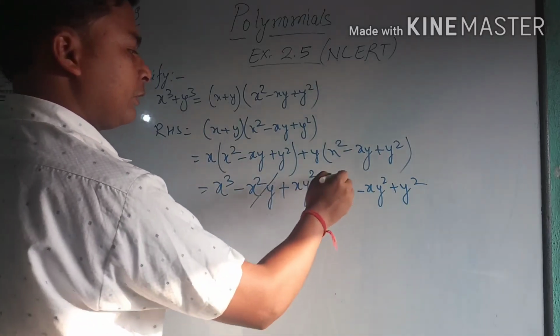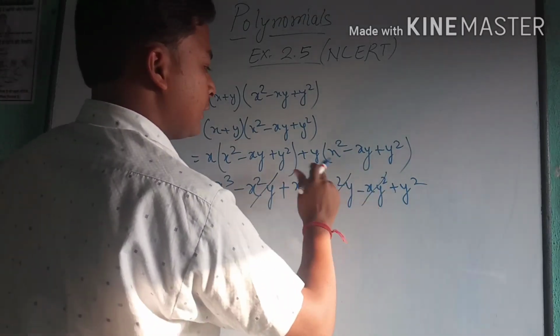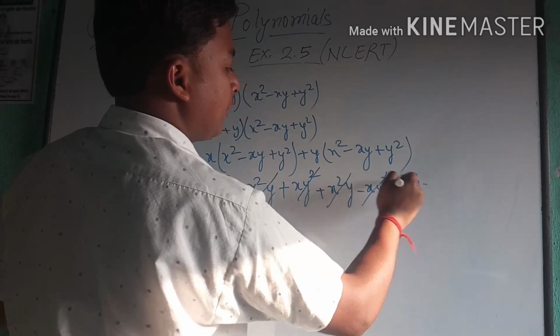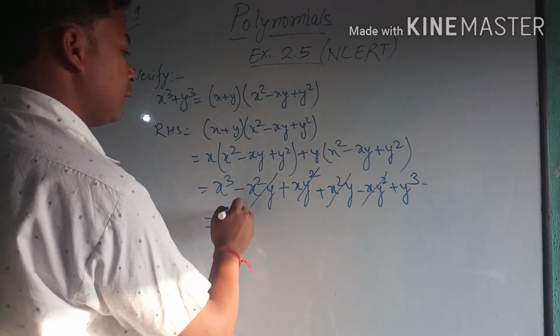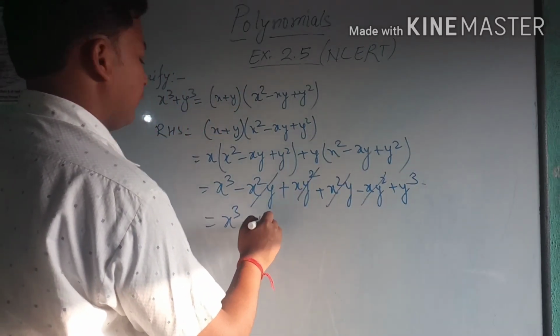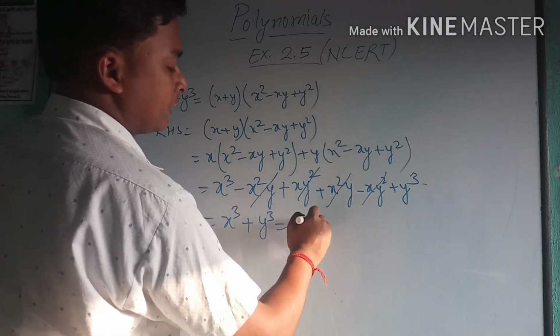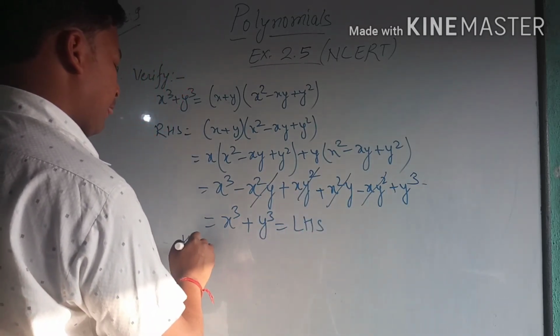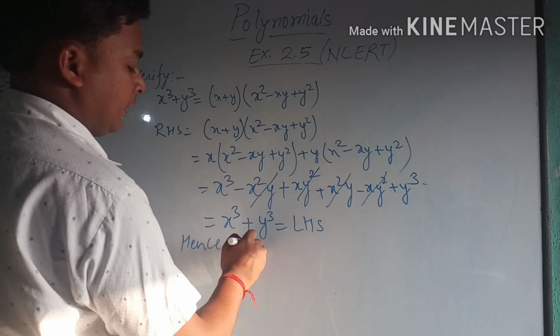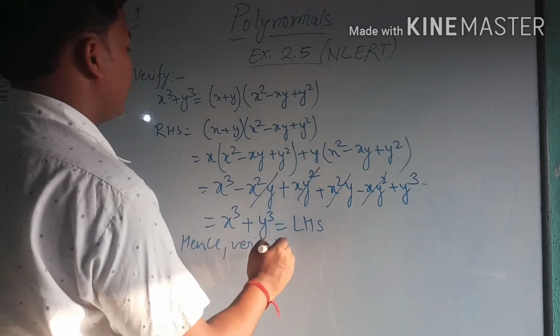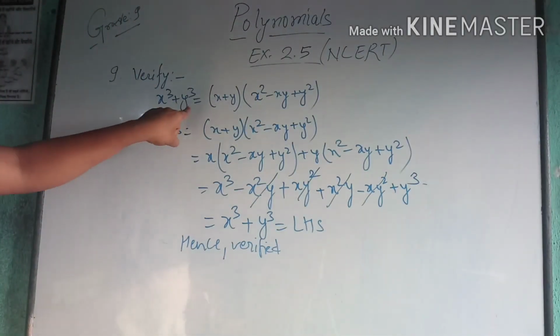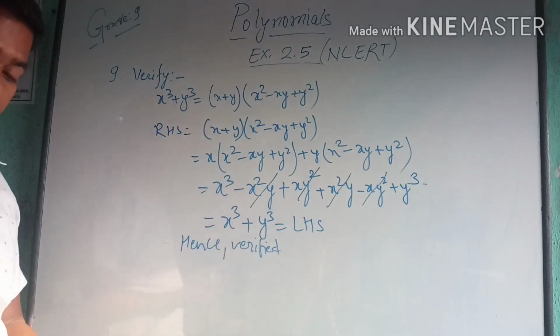So x square y is cancelled, it is also cancelled, and y into y square will be y power 3. Now it is x cube plus y cube, which is equal to your LHS. Hence it is verified. Other method: how to factorize x cube plus y cube to get the RHS.